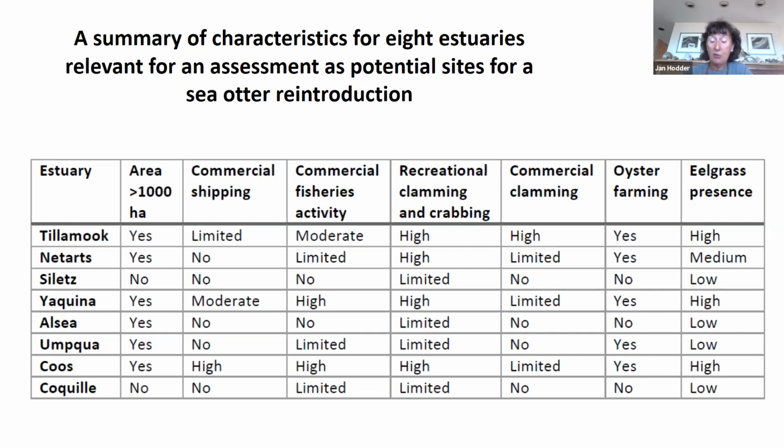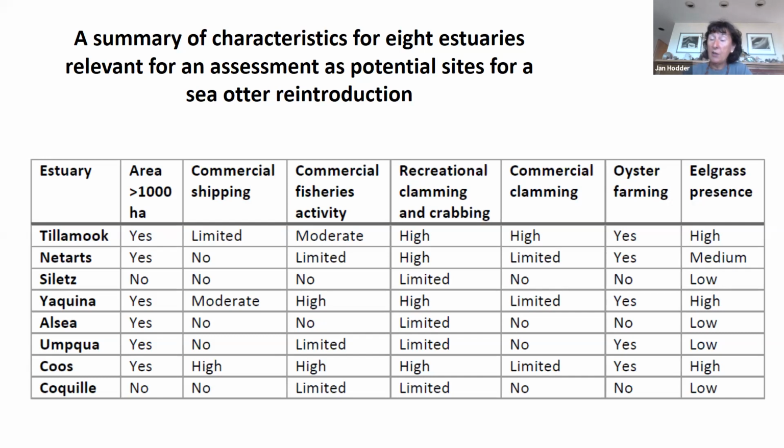The size of the estuary and the presence of eelgrass communities gives an indication of the availability of foraging and resting habitat for otters. The existence of commercial or recreational harvest activities can be viewed as a positive indicator of the potential prey availability. However, these fisheries and the presence of oyster farming and shipping activities also represent a potential for human-otter conflicts in the case of sea otter recolonization.